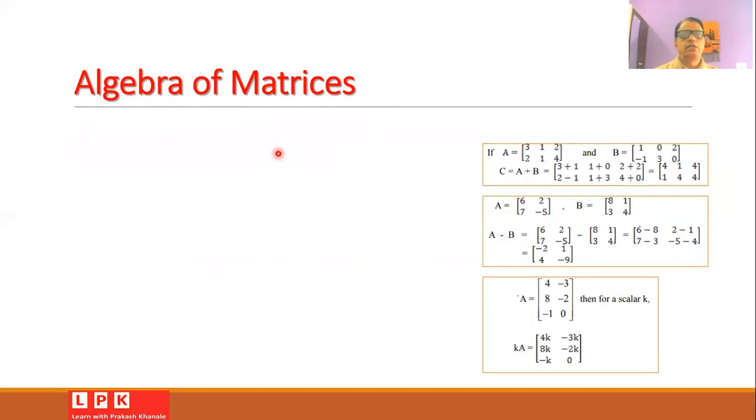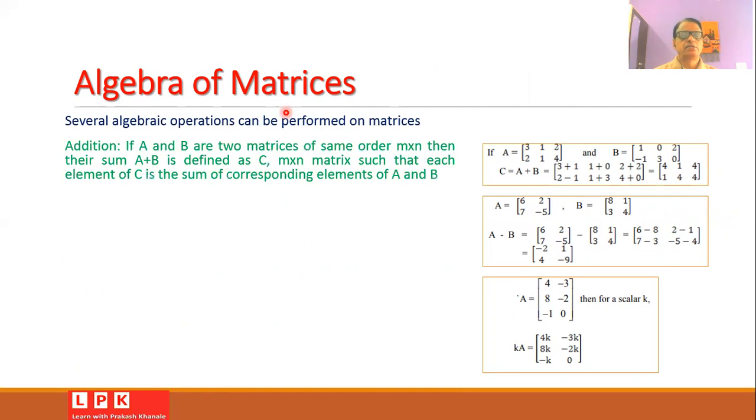Let us understand some algebra of matrices, or different algebraic operations that can be performed on matrices.